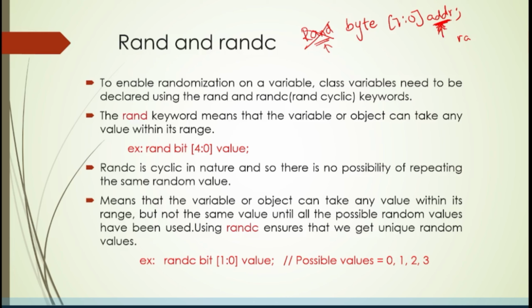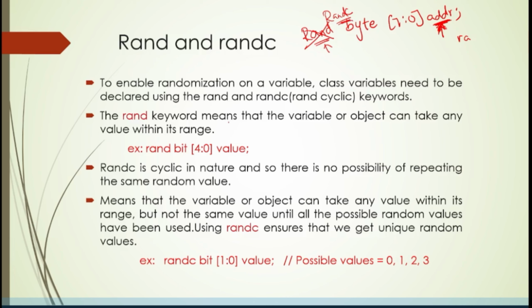Only when the variable is declared as rand bit or randc bit can you randomize it. So in order to enable randomization, class variables need to be declared using rand or randc keywords.